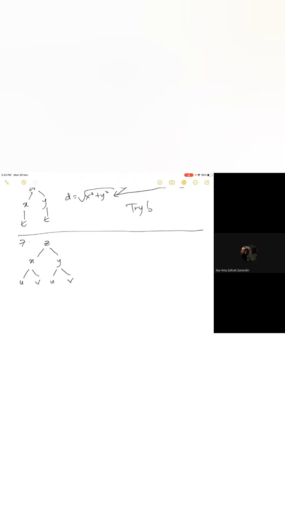Now if the question asks you to find del z/del u, this is where what I taught just now is applicable. You only take everything from z to u, ignore the v. The same branch you multiply, so del z/del x times del x/del u.